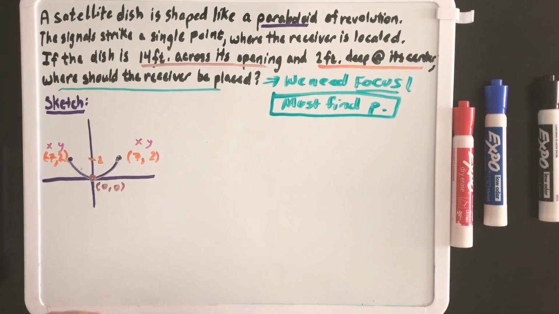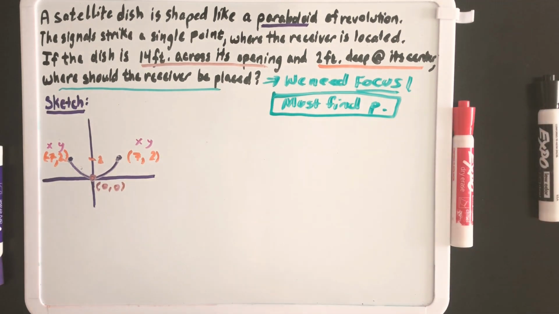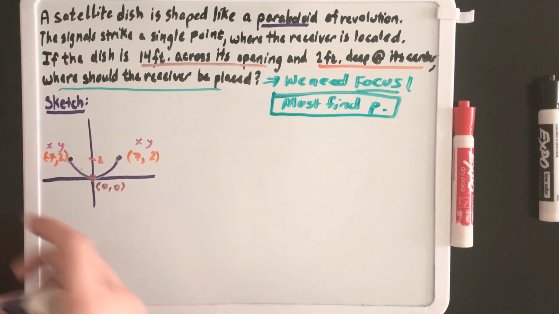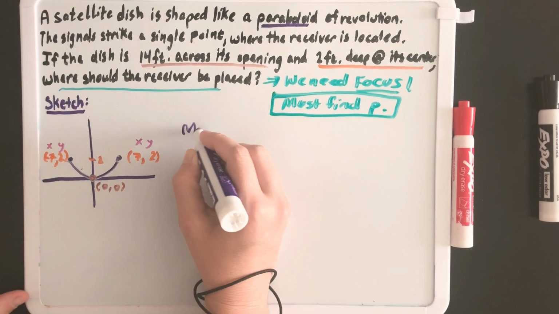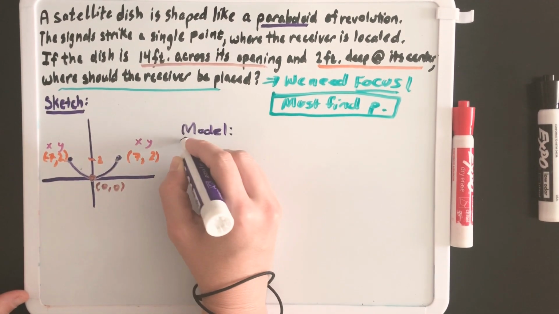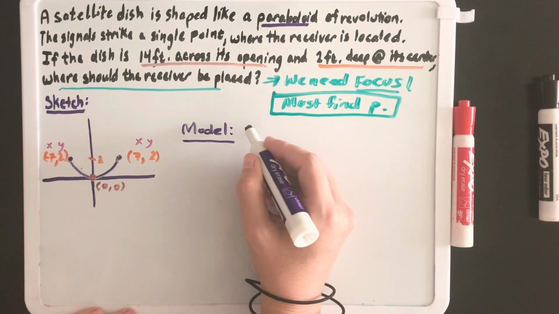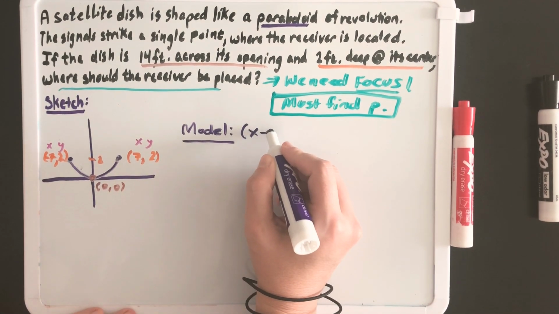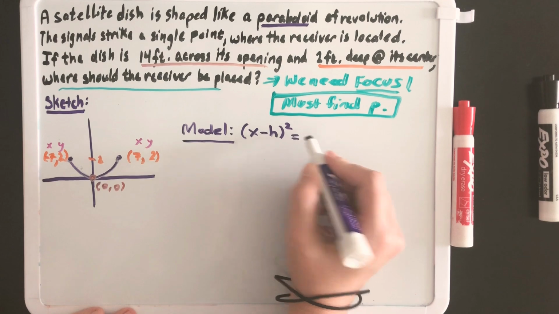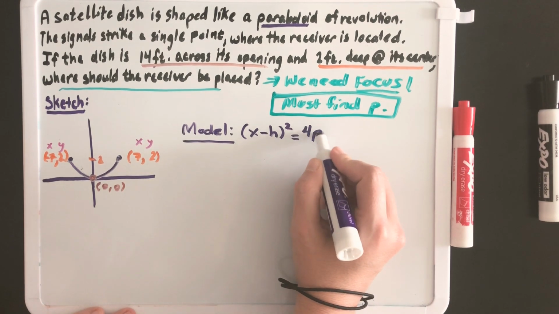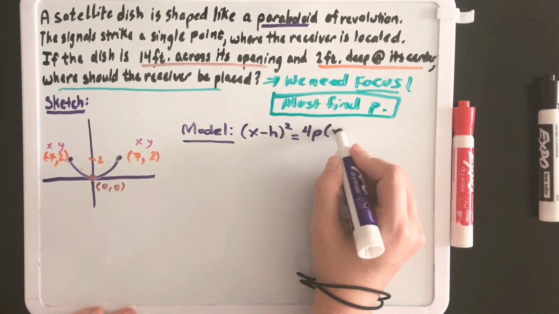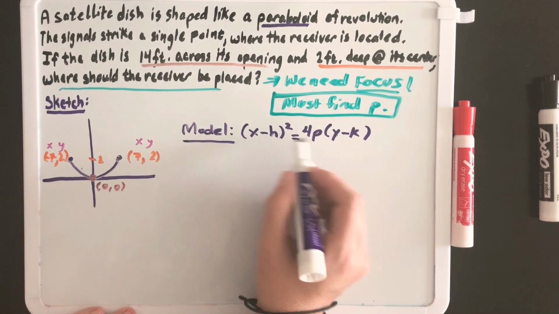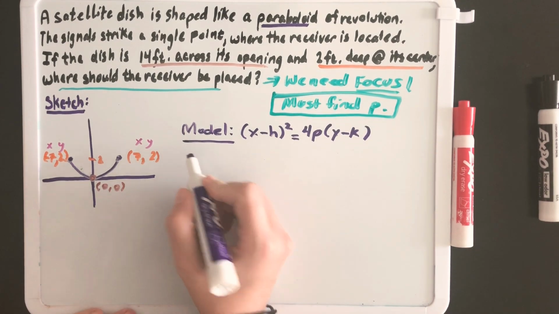Well, we begin by writing out a model that could describe a parabola. So for our particular situation here, our model for a parabola which opens up the way we oriented it would typically be x getting squared, so x minus h squared. If it's up, it's positive 4p, not negative 4p, times y minus k, where h, k are the coordinates of my vertex.